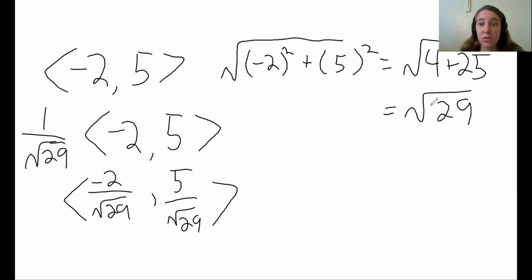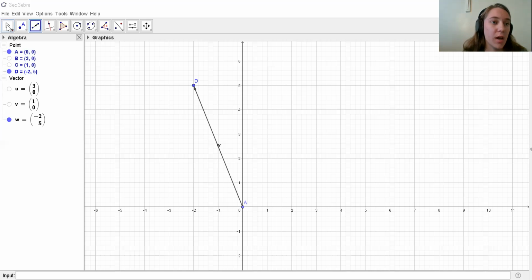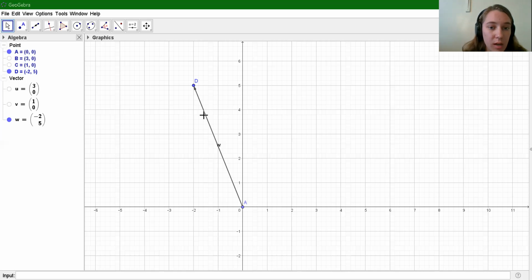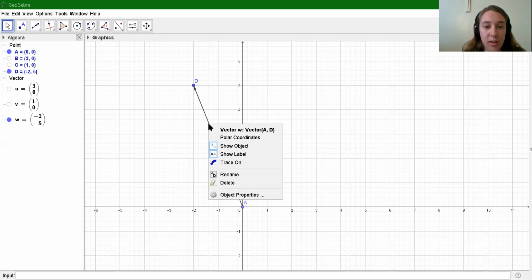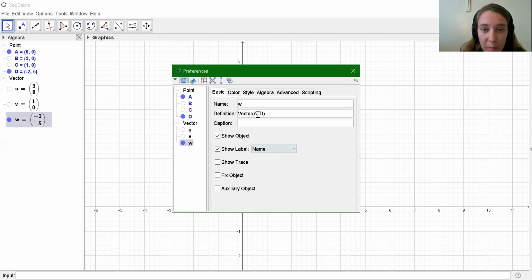Now I'm going to show that to you visually using GeoGebra. What I'm going to do is I'm going to select this right here and change the properties of it.